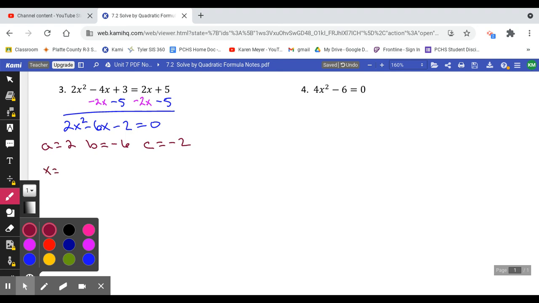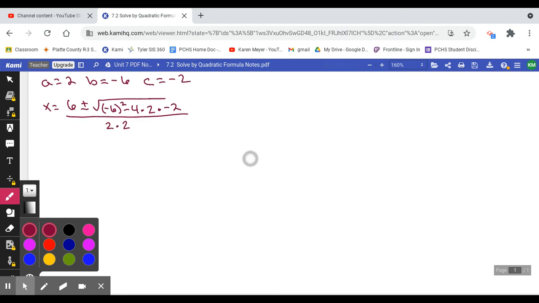So opposite of b is positive 6, plus or minus regular b, which is negative 6 squared, minus 4 times a, which is 2, times c, which is negative 2, all over 2 times a, which is 2.